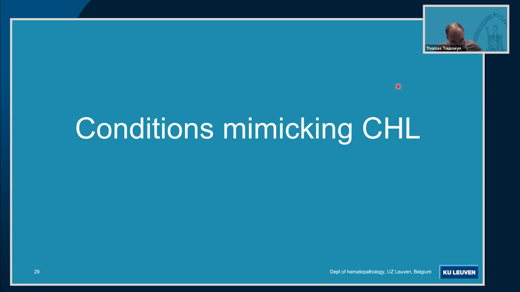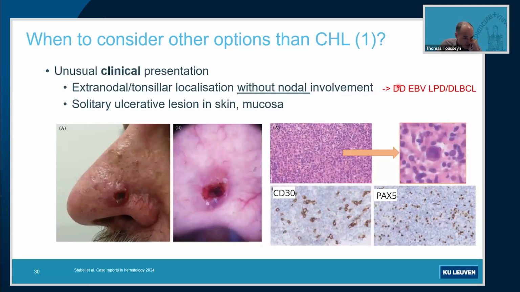Now I will try to give you some useful clues on how to distinguish conditions that mimic Hodgkin lymphoma. I will split this up into three parts. First is the clinical presentation. It's very important to look at the clinical presentation if you consider Hodgkin lymphoma, because you must know that Hodgkin is a nodal disease, so you need presentation in lymph nodes. If this is only an extranodal localization, consider that this could be an EBV-driven DLBCL.